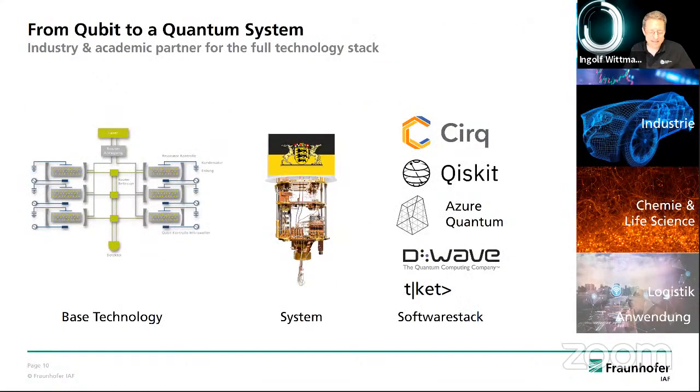And on a longer scale, this is to build a full stack quantum system, not just a register, but also a quantum computing environment which can be used on a bigger scale.